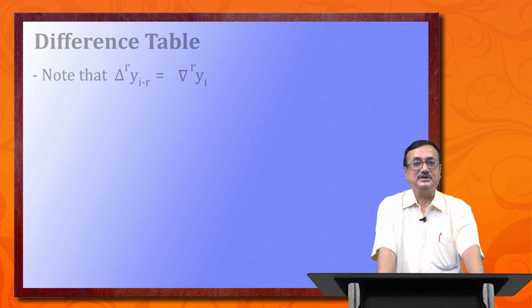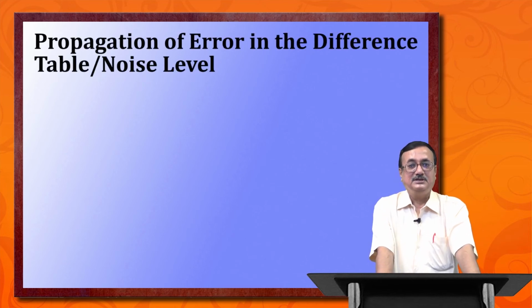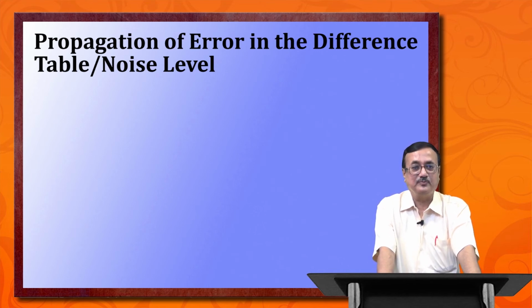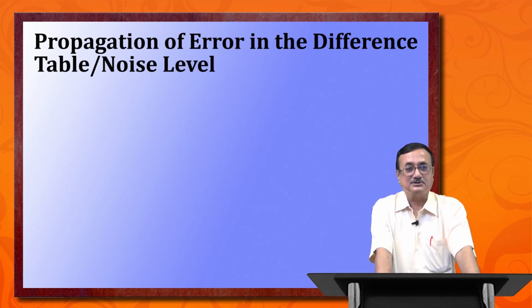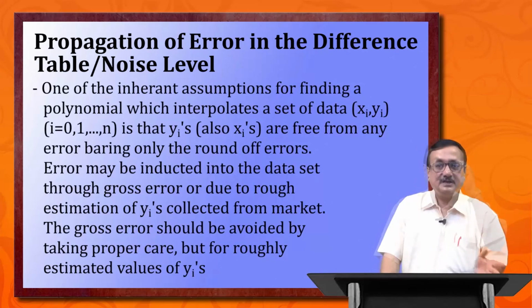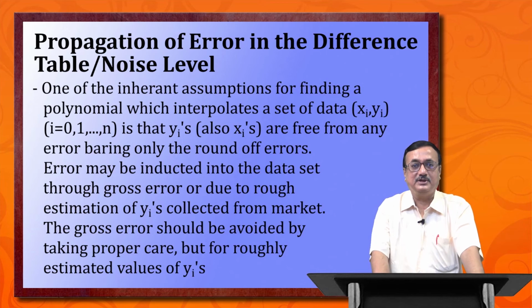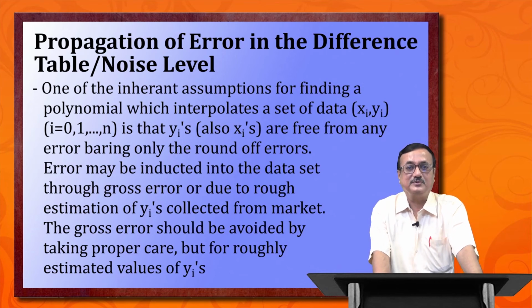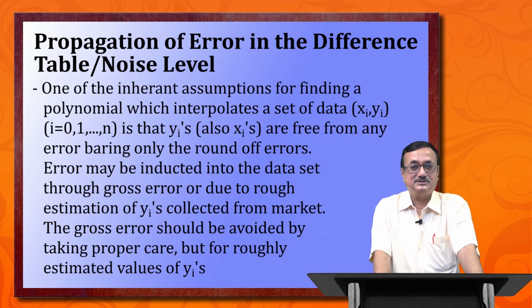Now, one important aspect is the propagation of error in the difference table, and one important term is noise level. We should make a point of this, that noise level is very important so far as the construction of the difference table is concerned. One of the inherent assumptions for finding a polynomial which interpolates a set of data xi, yi is that the yi's are free from any type of error, bearing only rounding errors.